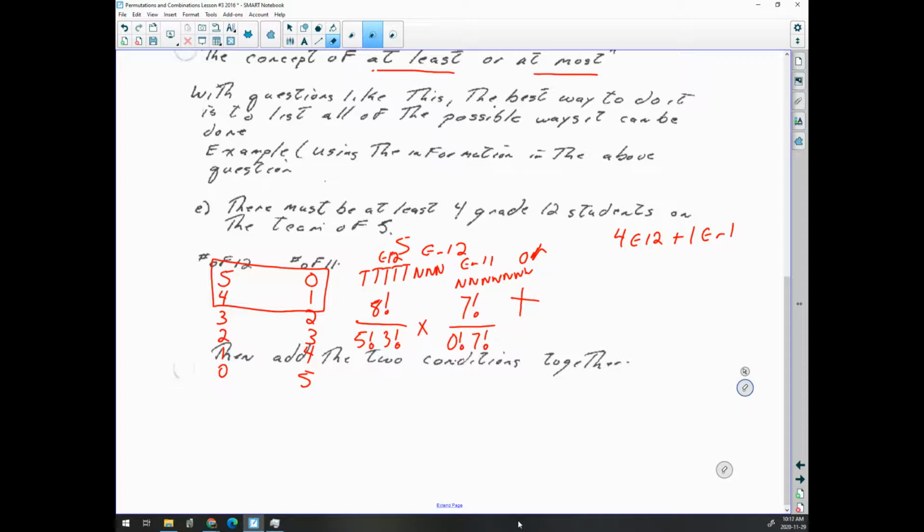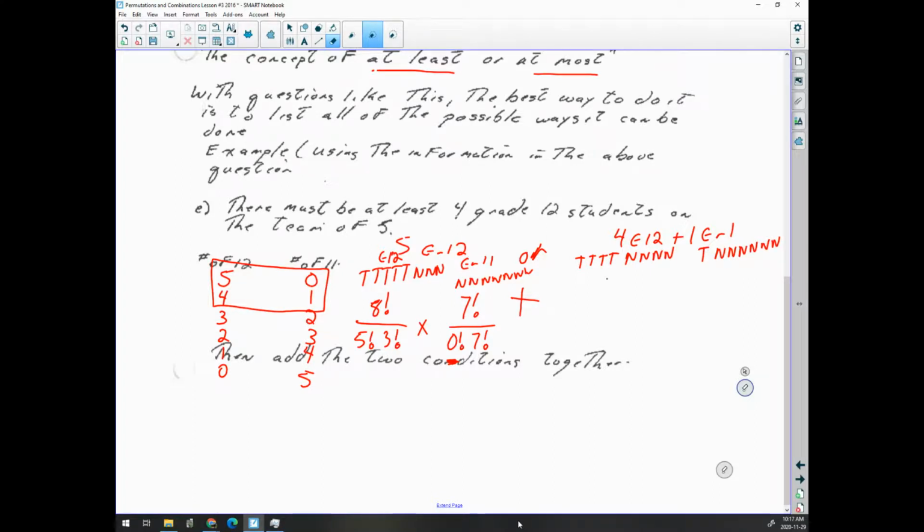And this is the reason why we define 0 factorial as 1. Over here, we have 4 grade 12s on the team, 4 not on the team. We have 1 grade 11 on the team, and 6 not on the team.